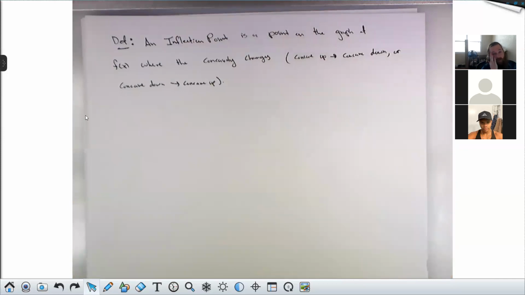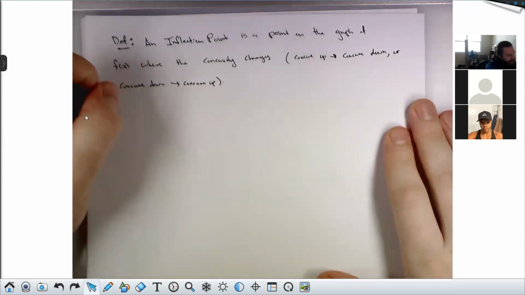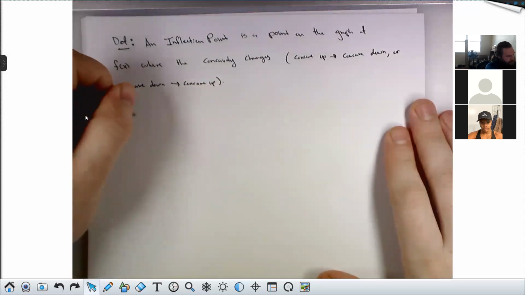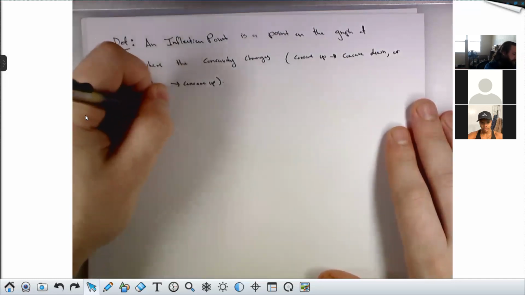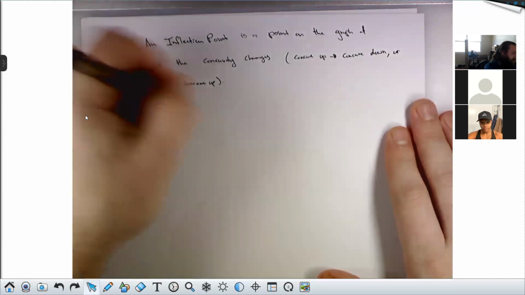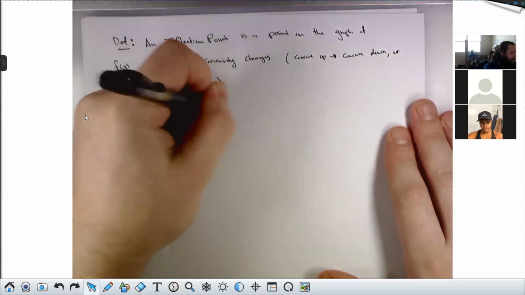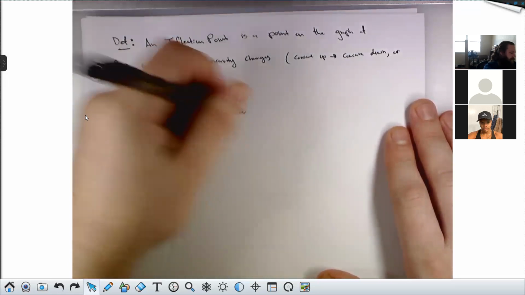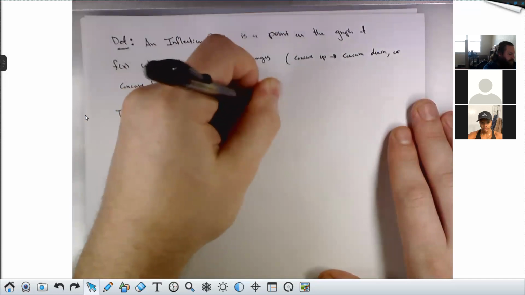How would you find such a thing? Well, these will be places... suppose f of x is twice differentiable.